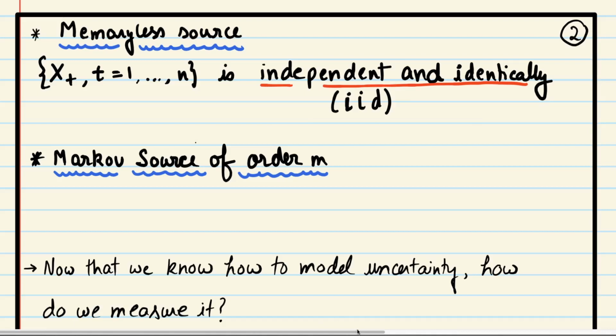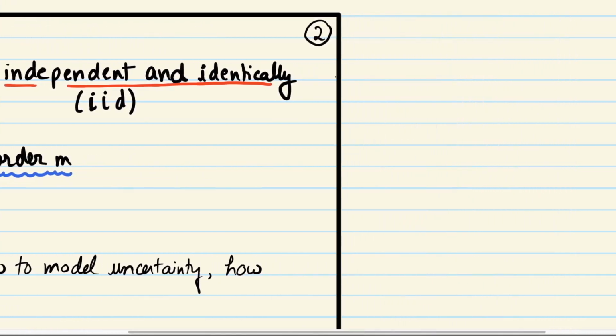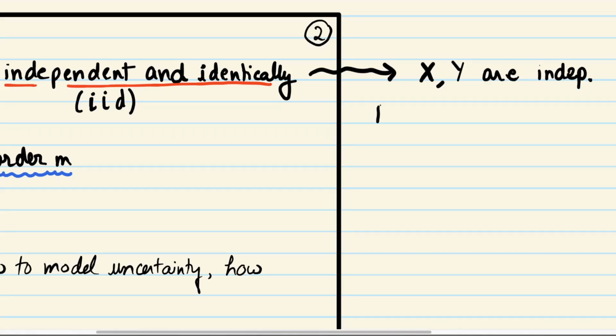If you don't remember what independence is and what independent random variables are, here's a very quick review, although I urge you to go back and revise these things. Two random variables X and Y are independent if the joint distribution of X and Y has a product form.